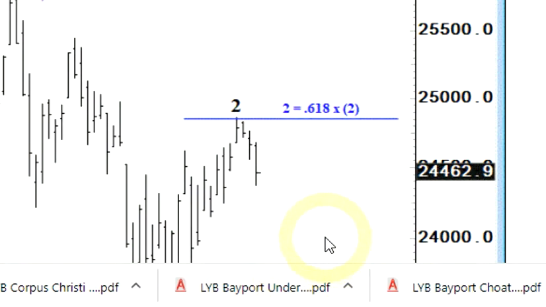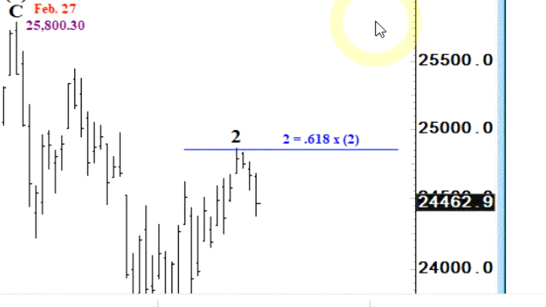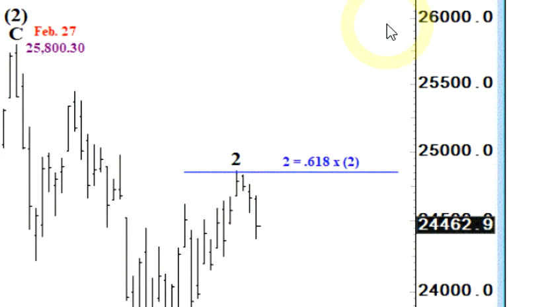If we zoom in a little bit more on this, you can see that each day this week on the down days, the ranges got bigger and bigger and larger and larger. This is something that is pretty typical in a wave 3.